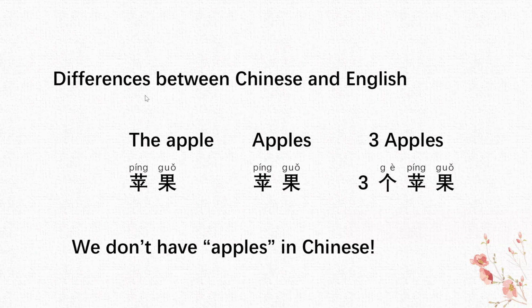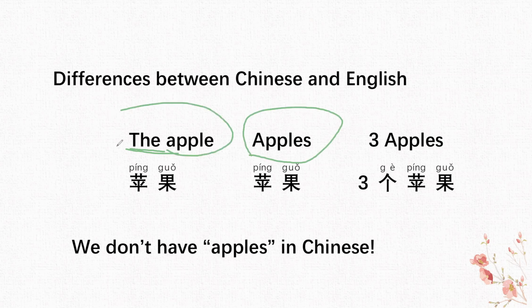So there is a big difference between Chinese and English. You see here, in English, you say the apple. When you speak an English sentence, you have to say the apple or an apple or apples or 3 apples or lots of apples, right?